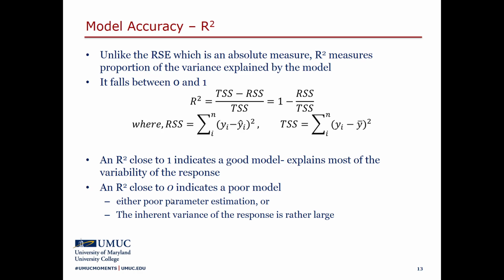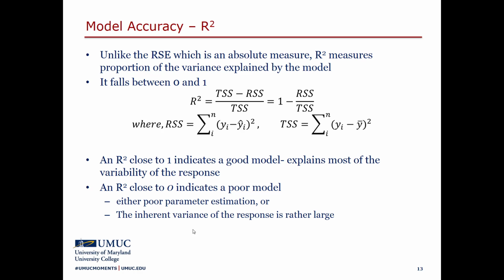Maybe some of the assumptions are violated, like there is a linear relationship between the predictors and the response variable, or the errors are uncorrelated. So maybe it's an indication of those assumptions not being met, or the inherent variance is large.